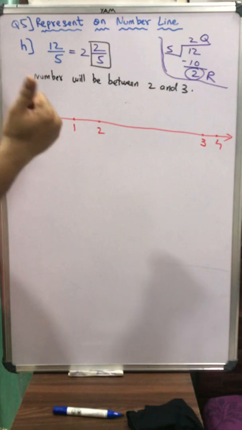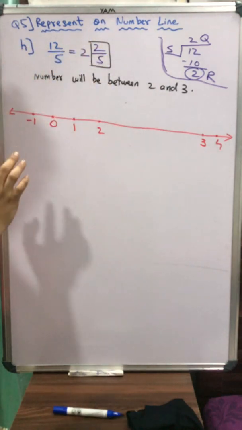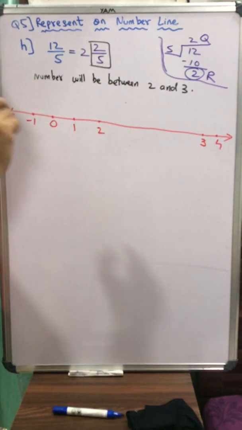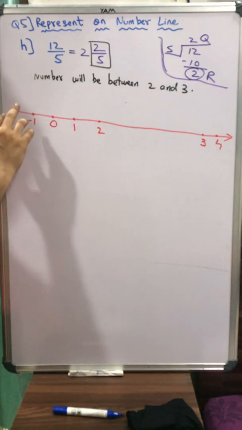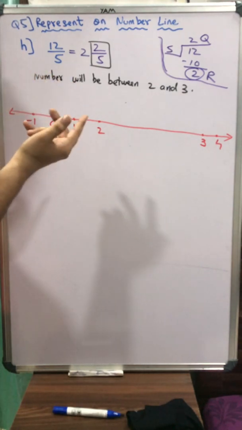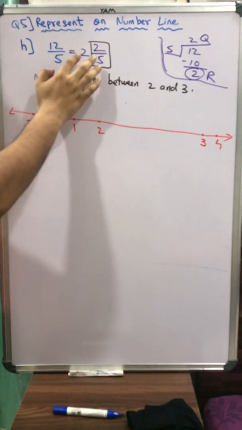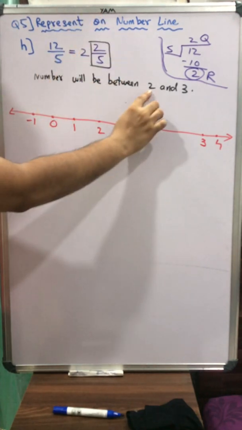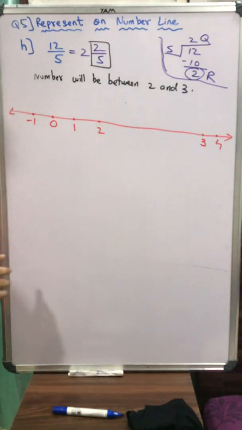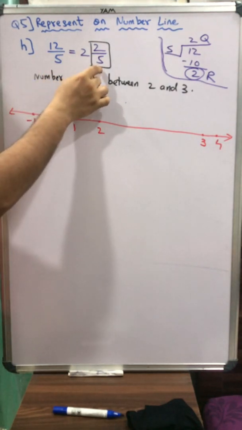Now pay attention. First step was to divide and to convert into a mixed fraction. I did that. Next step is to decide कौन से दो नंबर के बीच में, which two numbers my fraction will lie. And this 2 2/5, complete 2 and additional 2/5, so it will be between 2 and 3. Now students, pay attention carefully. Always see the denominator. It's 5.